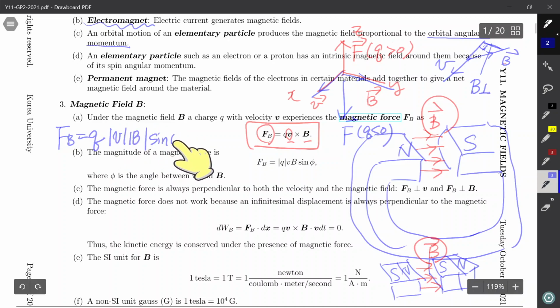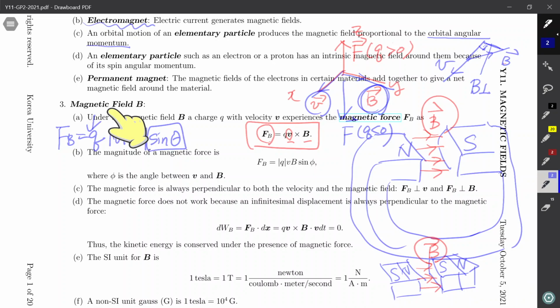sine theta, where theta is the angle between the velocity of the particle and the magnetic field. The sign of the electric charge of the particle flips the direction.